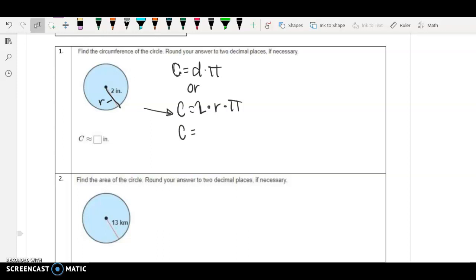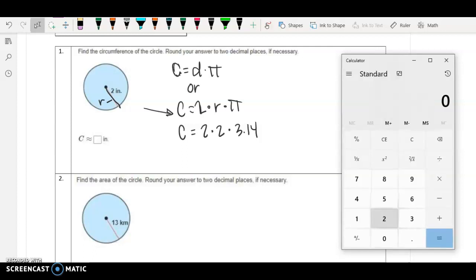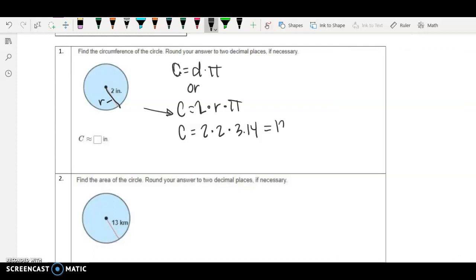So C equals 2 times 2 times 3.14. On our calculator, we do 2 times 2 times 3.14, and we get 12.56. We don't need to round our answer because it's already in 2 decimal places. So we have 12.56 as our answer.